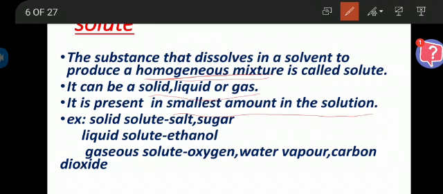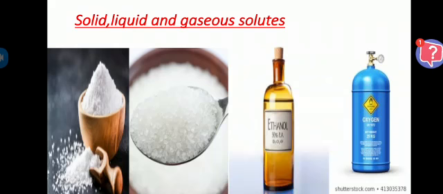So the solute is present in the smallest amount in the solution. Solid solutes are salt and sugar. Liquid solutes are ethanol. Examples of gaseous solutes are oxygen, water vapor, carbon dioxide, etc. As I have told, a solute can be in the form of solid, liquid and gas.